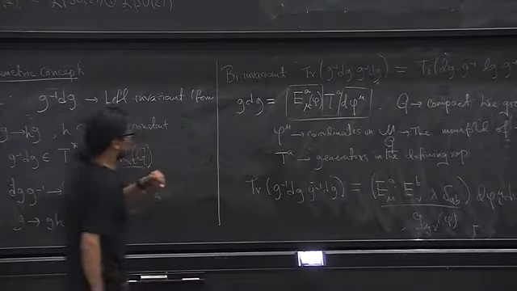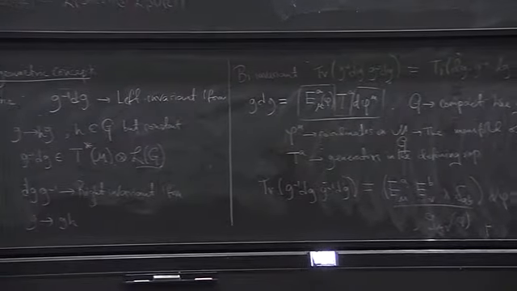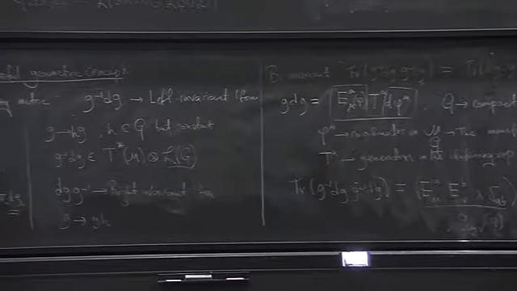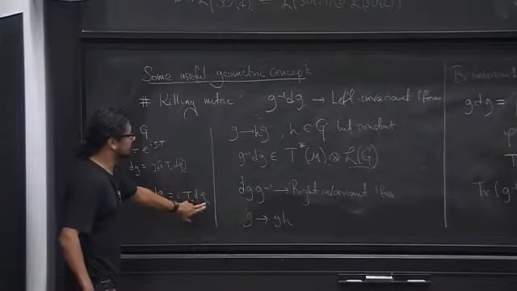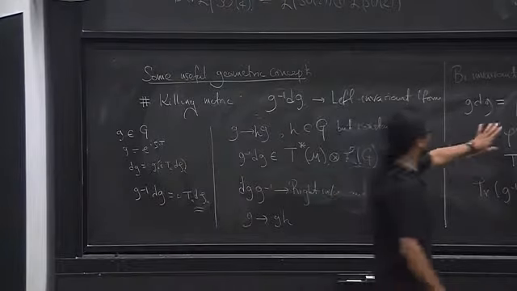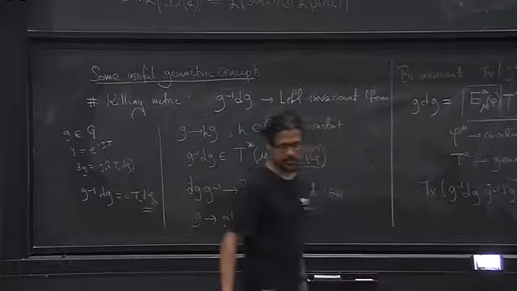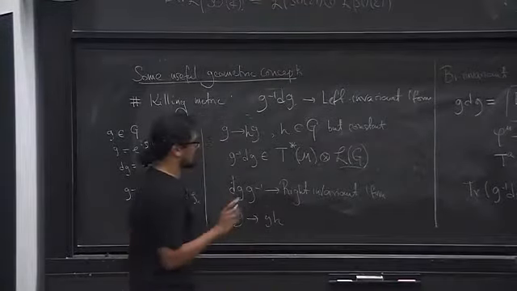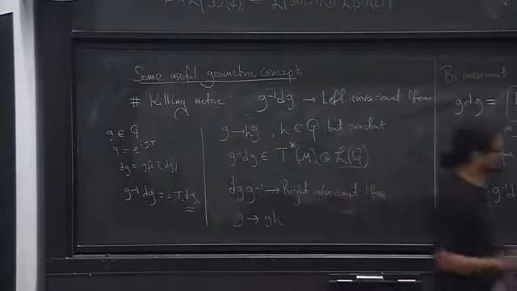Now, hang on just one second. So I guess you can make the connection between these zetas and this by taking the trace of this object, right? So this is probably the answer to your question.